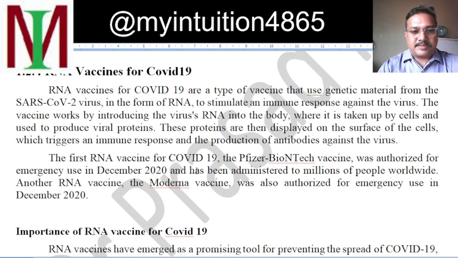The first RNA vaccine for COVID-19 was produced by Pfizer-BioNTech, which was authorized in December 2020, and it was administered to millions of people over the world. Then another RNA vaccine, the Moderna vaccine, was also authorized in December 2020, and many other vaccines were produced after that.